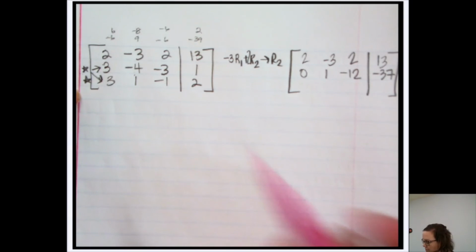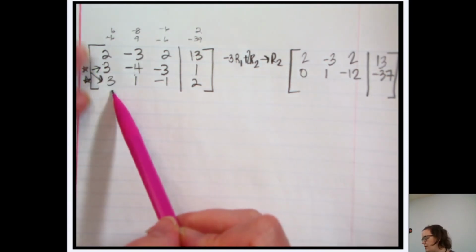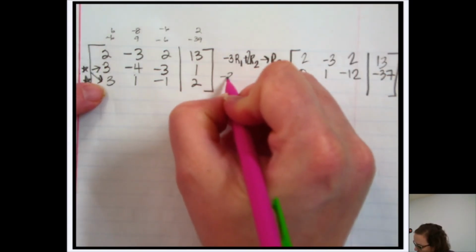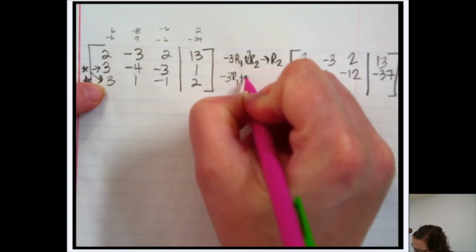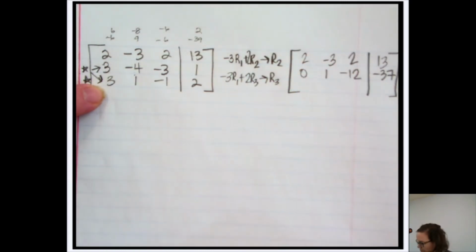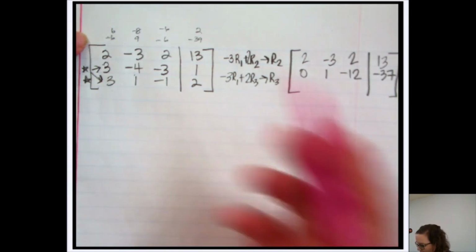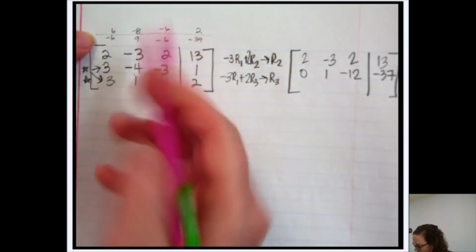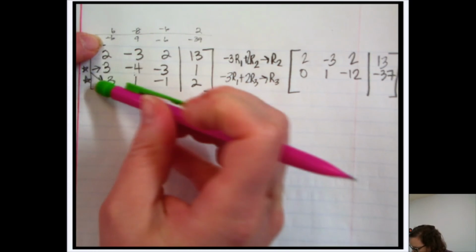I'm going to do the same thing with the bottom, and I can take -3 times row 1 plus 2 of row 3. And that's this -6. Let's see.